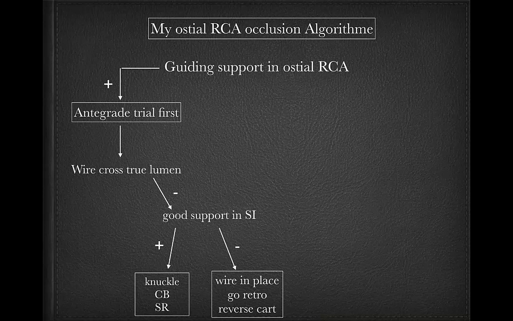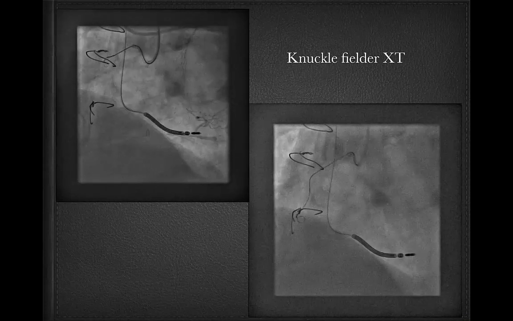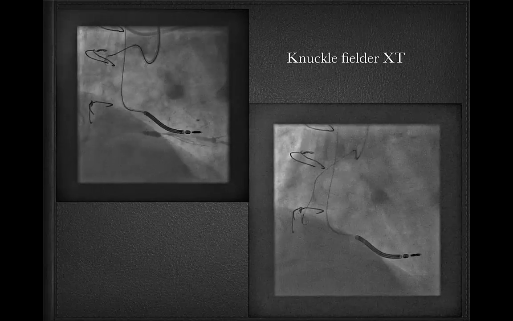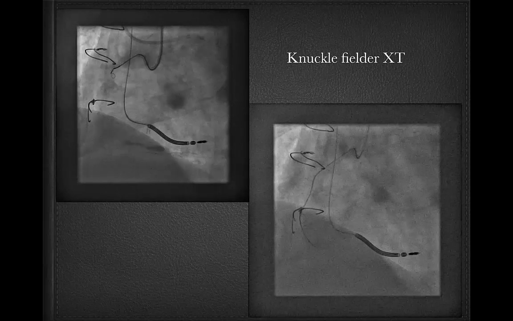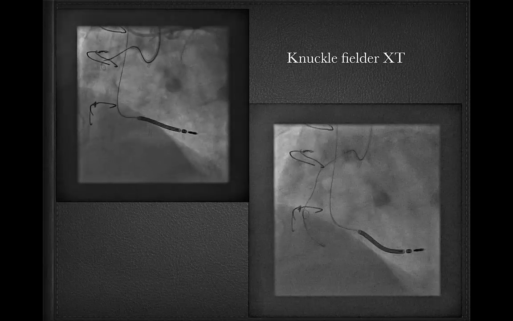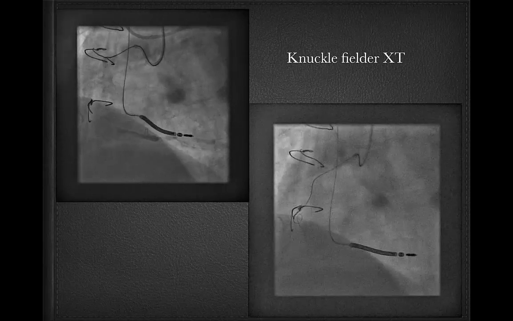If not, my feeling is to leave this wire in place and go retro, and you have the wire in a good position for a reverse CART technique. So here, with a Fielder XT, I was able to knuckle. So my Fielder XT progressed in the subintimal space.